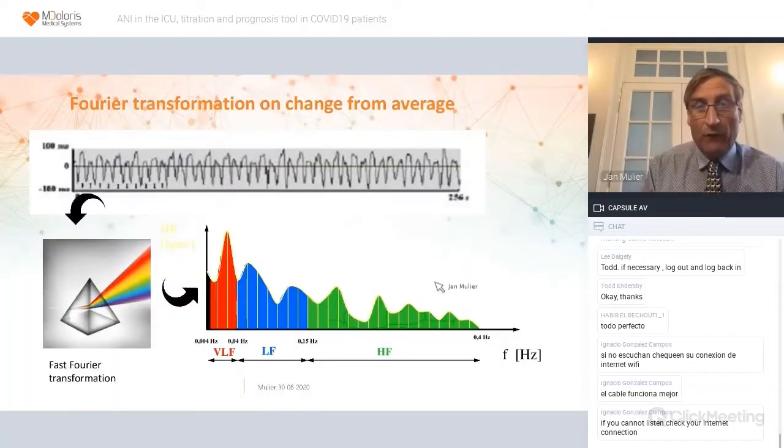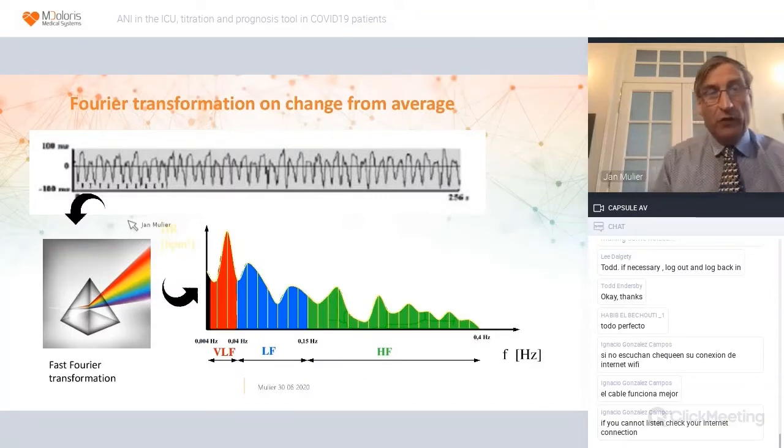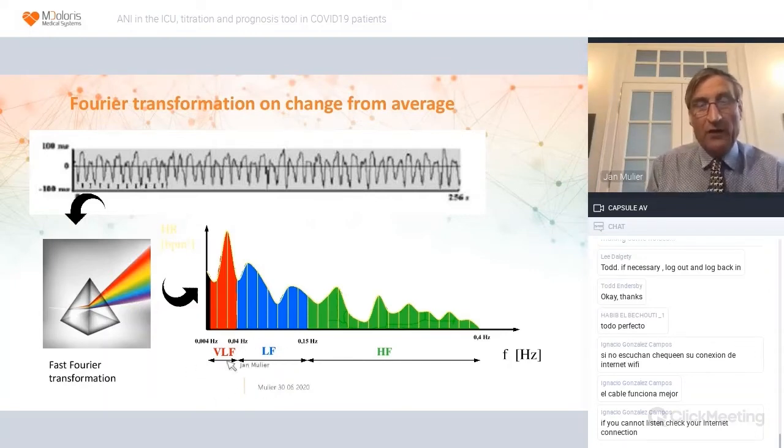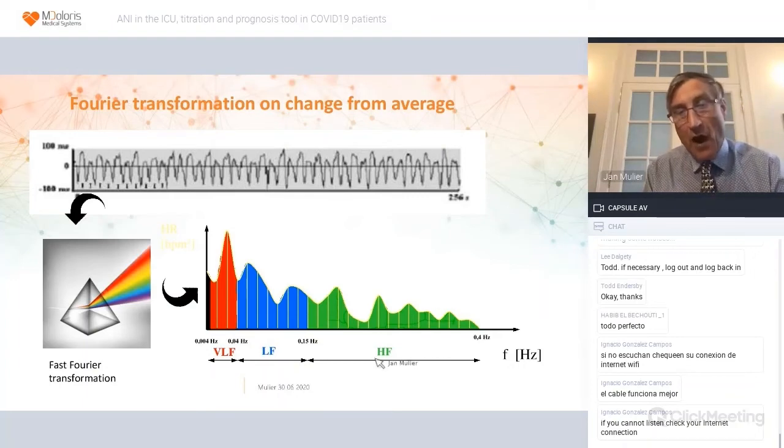But to be clear, we have to go a little bit further, because if we now do a Fourier analysis of these variations in heart rate, the Fourier analysis is telling us how much frequency power is there in the very low frequency, in the low frequency, or in the higher frequency. We are still talking about low frequencies.